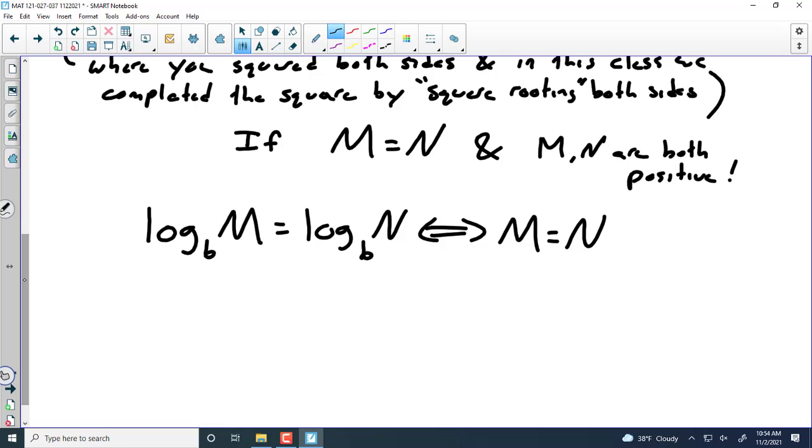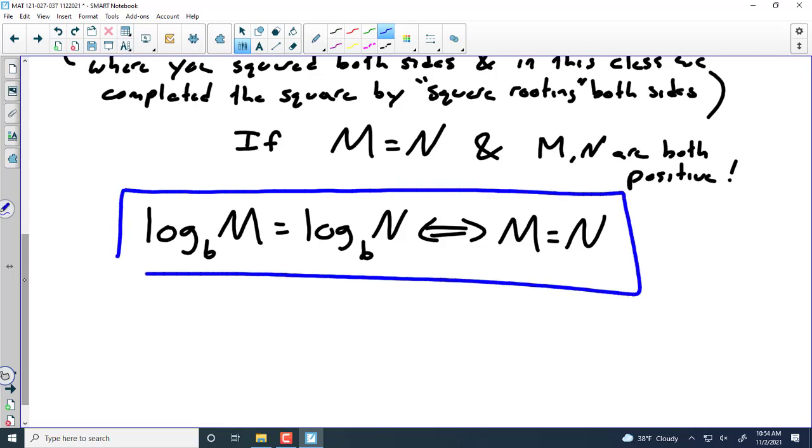This is a big deal, everyone. What this means for us at the moment, everyone, is if we have two things that are equal to each other, we can take a logarithm of both sides.